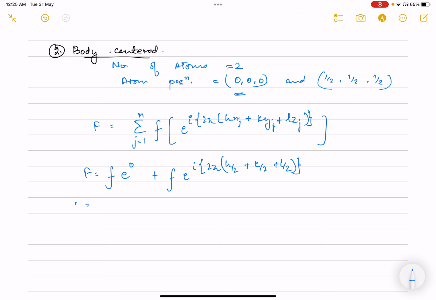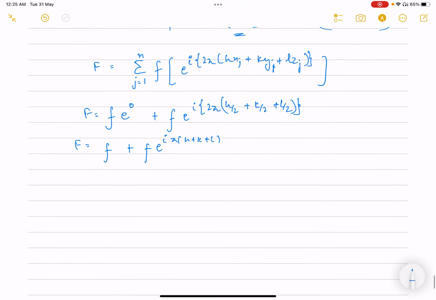So we get capital F equals small f plus f e^(iπ(h+k+l)), which is f times (1 + e^(iπ(h+k+l))).